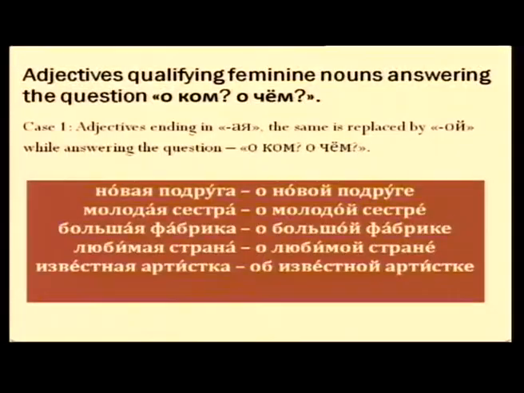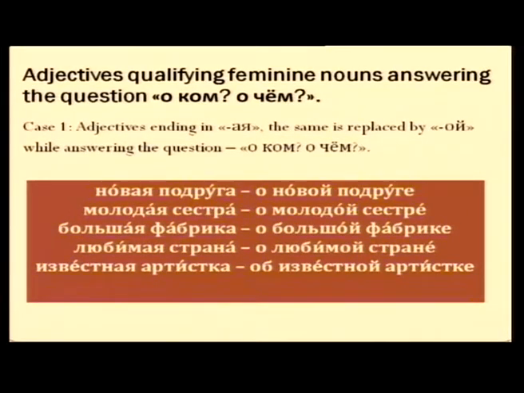Let us now go to the next section and talk more about such endings of adjectives and nouns when they are used with feminine and neuter gender nouns. Please pay attention to the next slide. Let us discuss certain examples of о чём and о ком. Новая подруга will change into о новой подруге and will be asked with о ком. О ком он говорит?